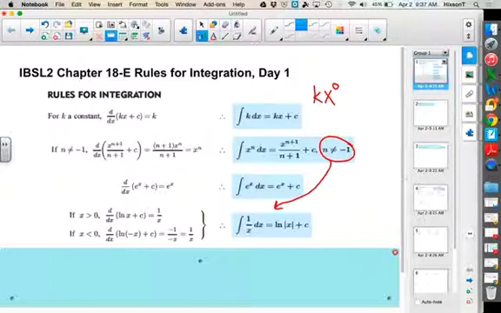So since the original function is defined for negative numbers, we need our integral function, the natural log, to be able to handle those negative numbers as well. Does that make sense? So we put the absolute value in there, so any negatives from our original function are made positive.